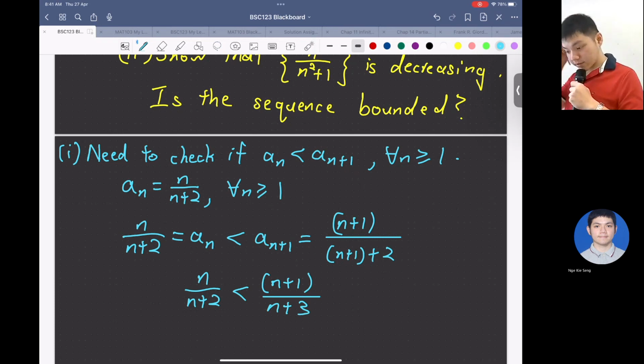So how to check if this is true? You cannot substitute too many values; you need to cover every value greater than or equal to 1.